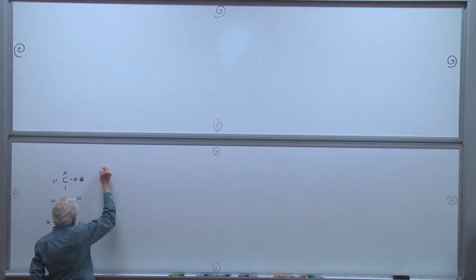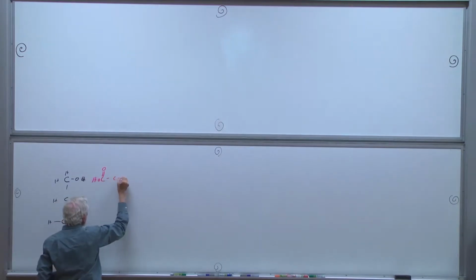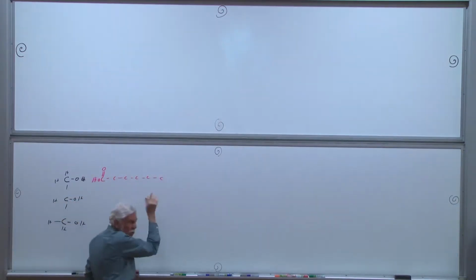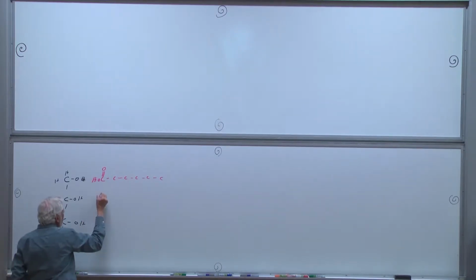The characteristic of fatty acid is the double bonded oxygen and an OH. And then the great long chain of carbons, and I won't put the hydrogens on them. And again, we have here another fatty acid.